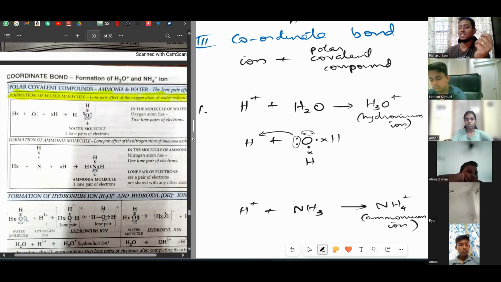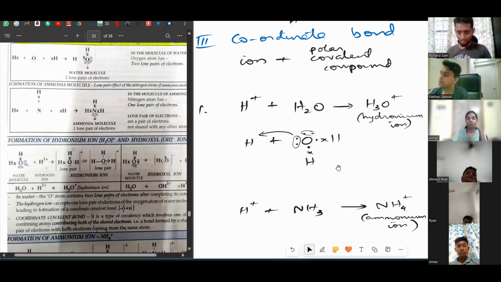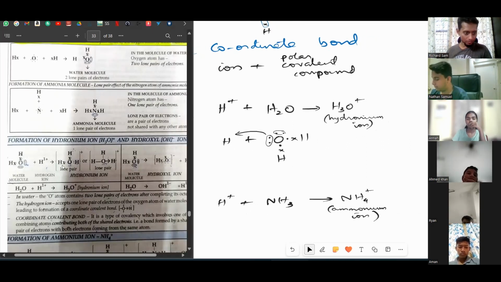Here only one side is sharing. In a covalent bond, both have to share, right? If one atom shares one electron, the other atom also shares one electron. But here the water will share both of its electrons, so that both electrons belong to both water as well as hydrogen. Okay, so that is the bond here. Now how do you draw this?